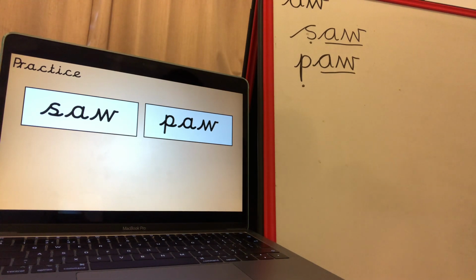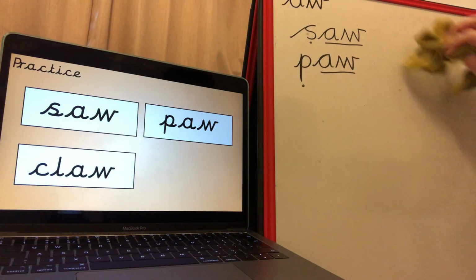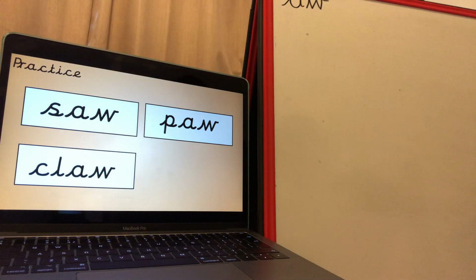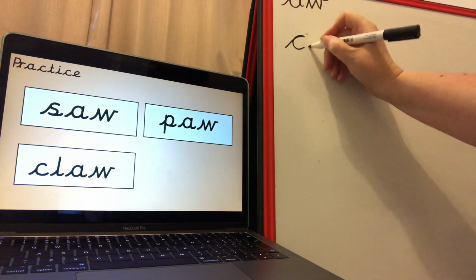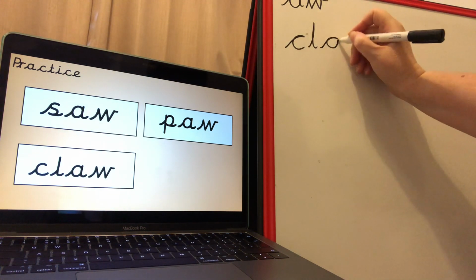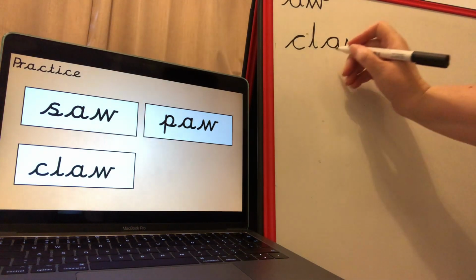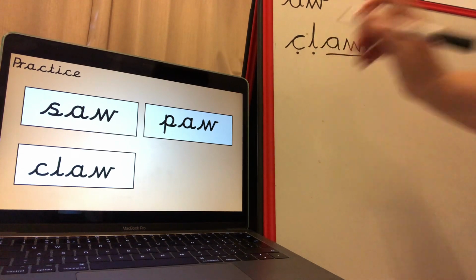It's a paw. Okay, I want you to have a go at putting this third word on your board or paper and segmenting and blending it. Don't forget to do the zips and buttons first. Okay, hopefully you've managed to zip the digraph, put buttons on the other graphemes.